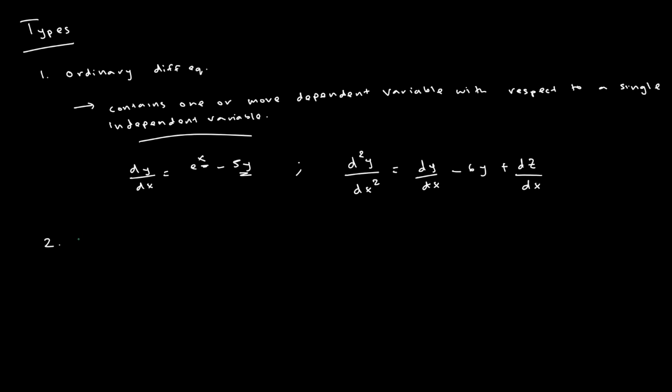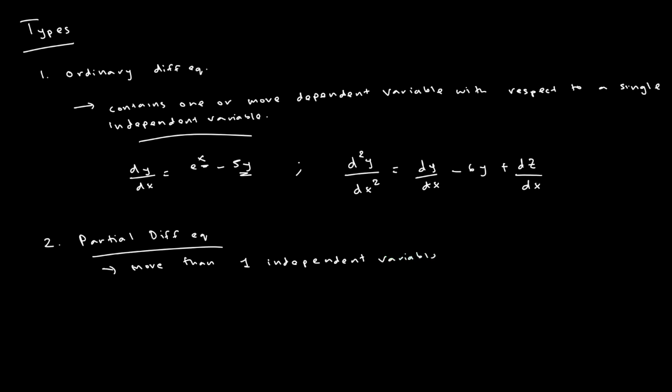The other type is something called a partial differential equation. Here we can have more than one independent variable. We can still have multiple dependent variables, but now we are dealing with multiple independent variables as well.